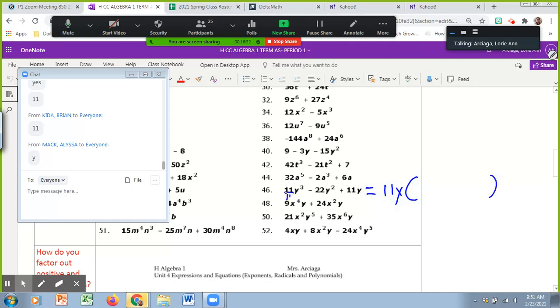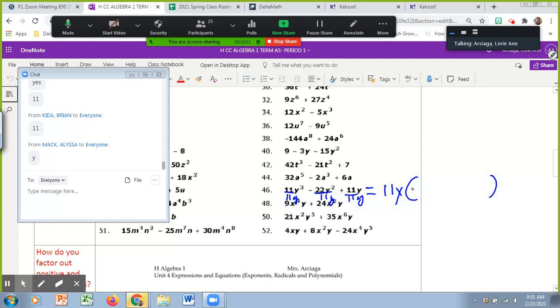If it helps you, you can put the 11y under, but it's good practice to not put it, you know? All right. So first factor here. 11y cubed divided by 11y, what do you get?